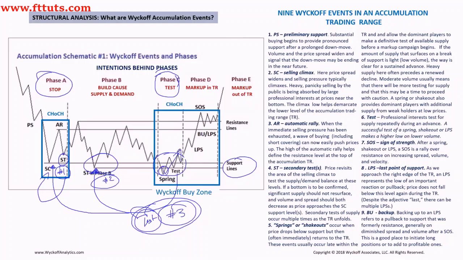And it's still going to provide us the clue that even if supply is available at this spot, demand is capable of reversing the price back into the trading range and then pushing the price back to the resistance point. Our fourth test is going to be a backing up action.